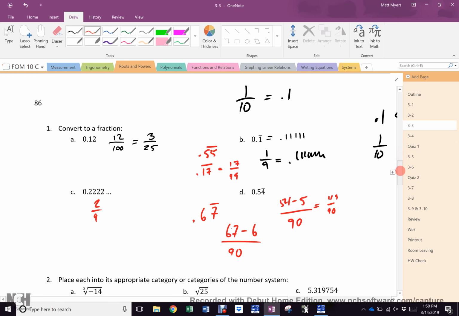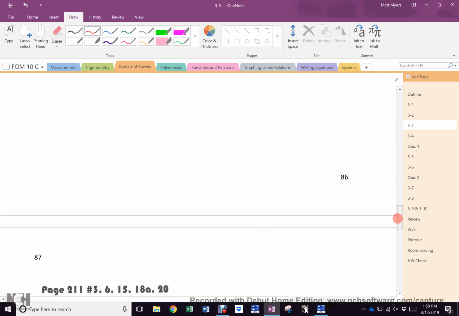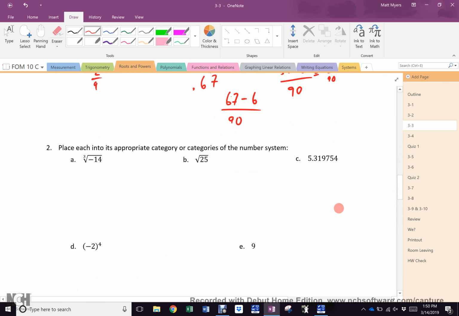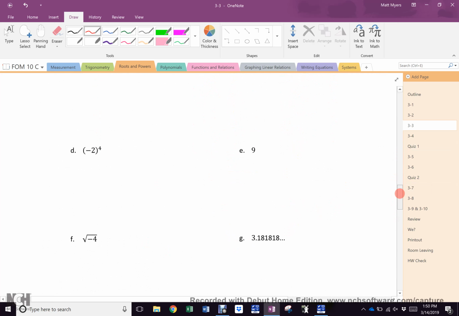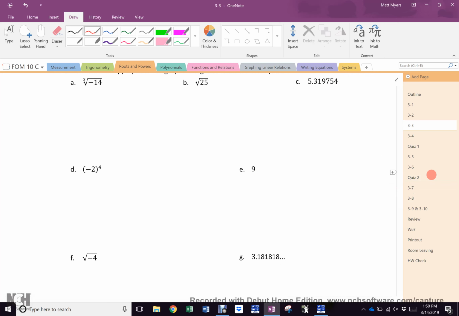All right, your job now, and your only job right now, is to tell me which categories these 7 numbers fit into. What are your category options? Irrational, rational, integer, whole, natural.